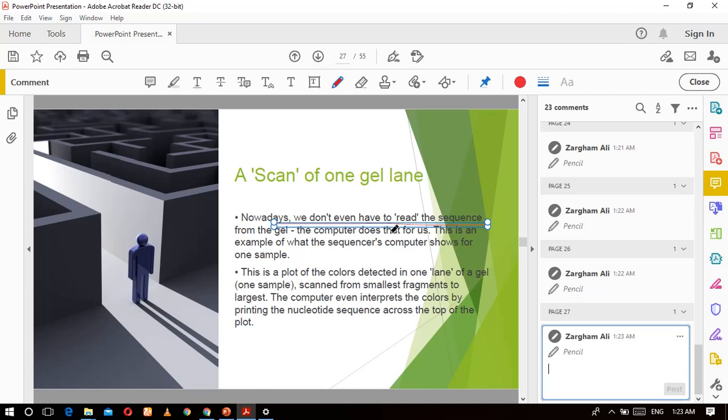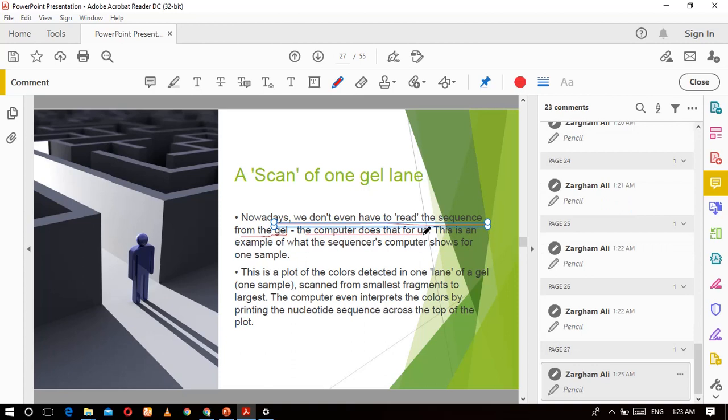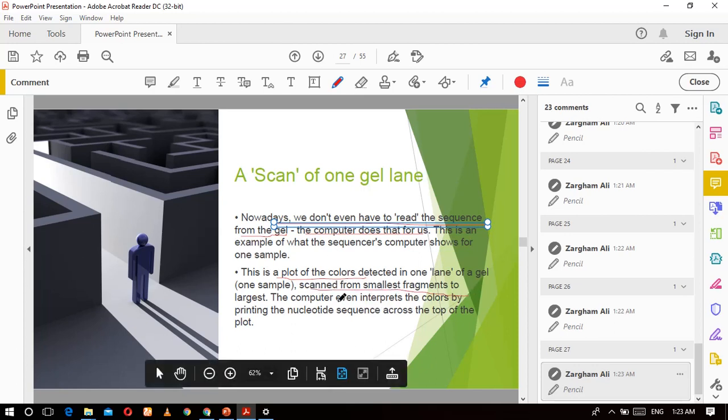There is no need to sequence from the whole gel. The computer does this for us. This is a plot of the colors in the dye, which is detected on one lane of a gel, or one sample scanned from smallest fragment to largest. The computer interprets those colors by printing the nucleotide sequence across the top of the plot.